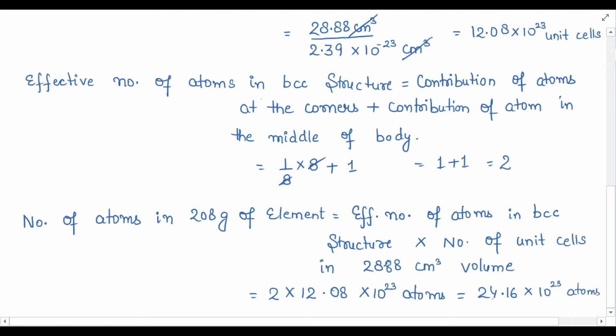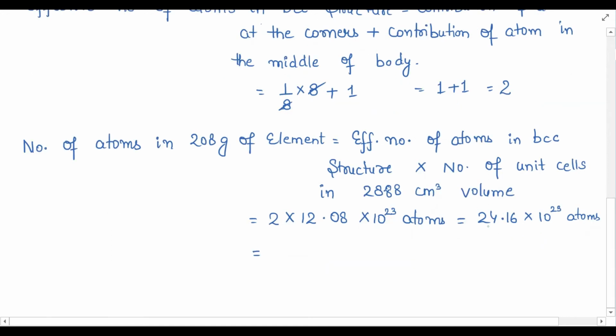Now rearrange this value. If I move this decimal from right to left up to 1 digit, the power will be positive, right? You are moving it up to 1 decimal digit, so it will be 10 raised to power 1. So 2.416, right, into 10 raised to power 23 atoms.